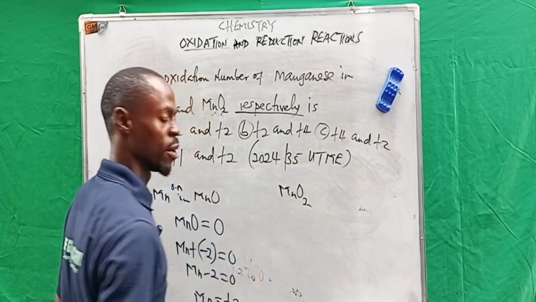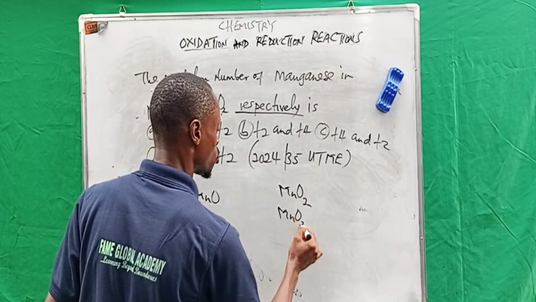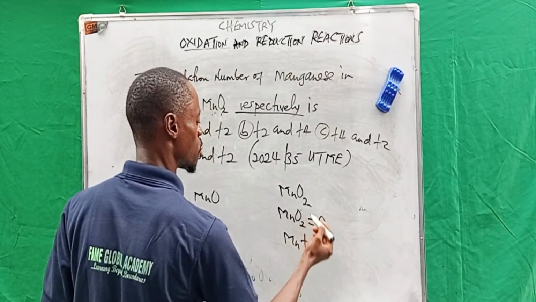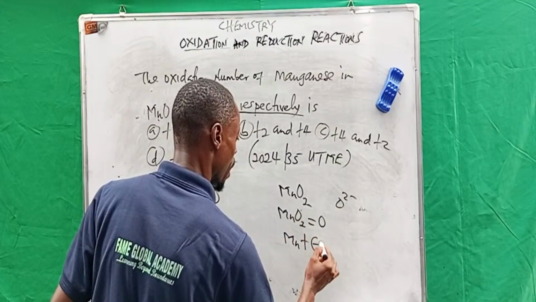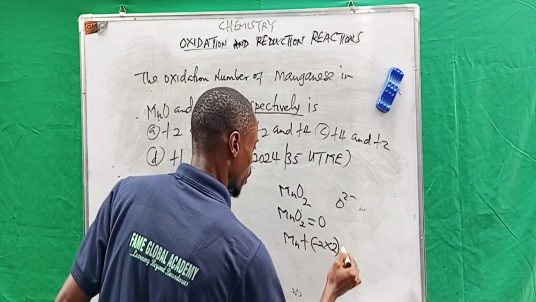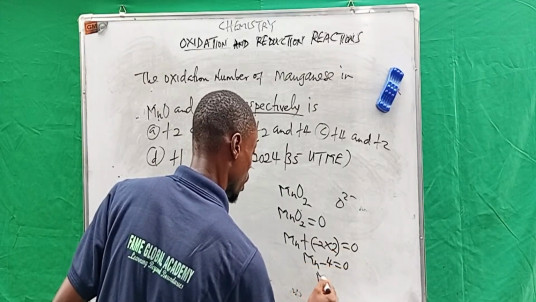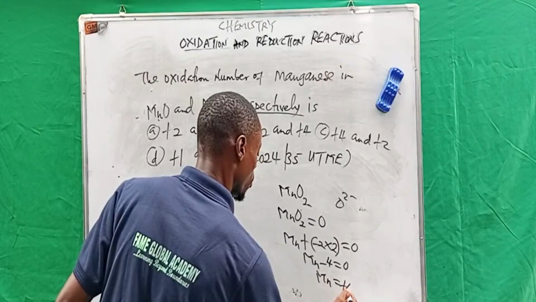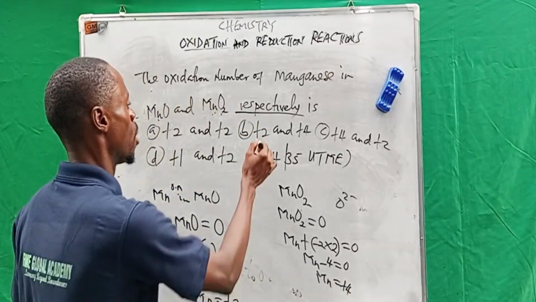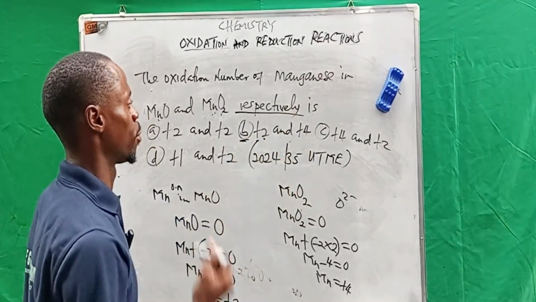In the same vein, we have MnO2 equal to 0. We have Mn plus the oxidation number of oxygen, which is -2, times 2 atoms, equal to 0. We have Mn minus 4 is equal to 0. Then Mn equals +4. So the correct answer to this question is +2 and +4.